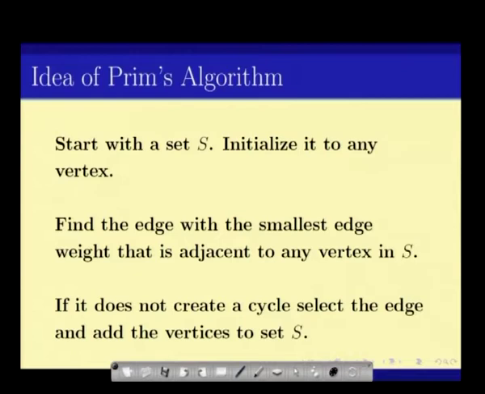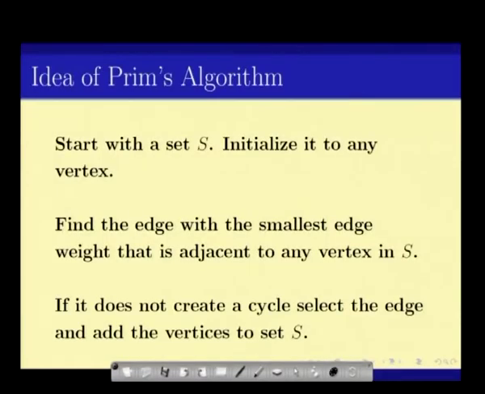So, we start from any vertex, and we initialize S with that vertex. Every time we look at the minimum weight edge that is going out of S, that is adjacent to a vertex in S, we pick that edge and include it in our tree. At the end, if an edge creates a cycle, then that is not good, so in that case we cannot do it.